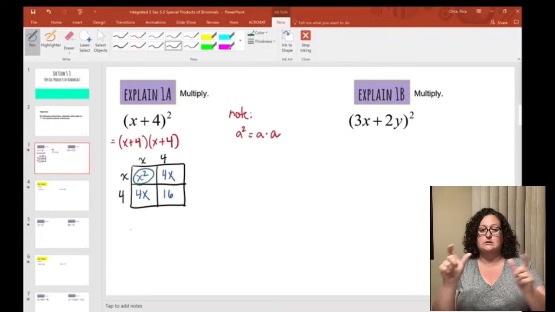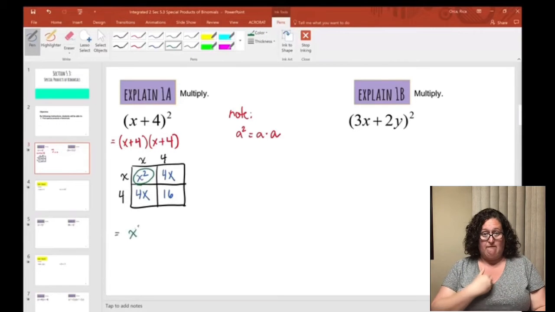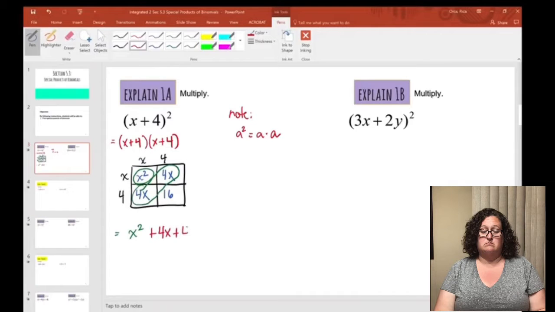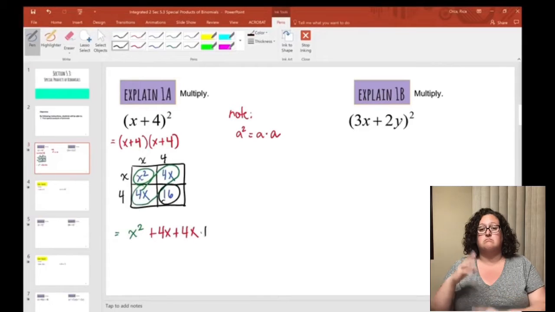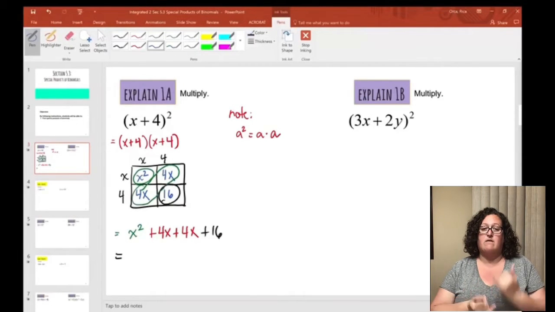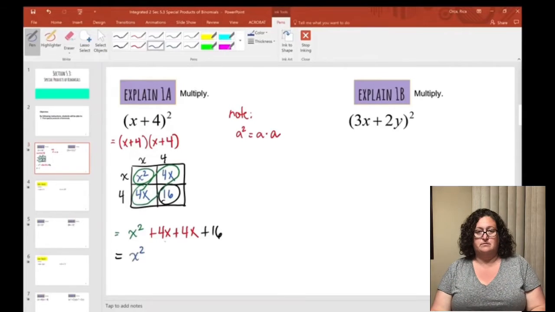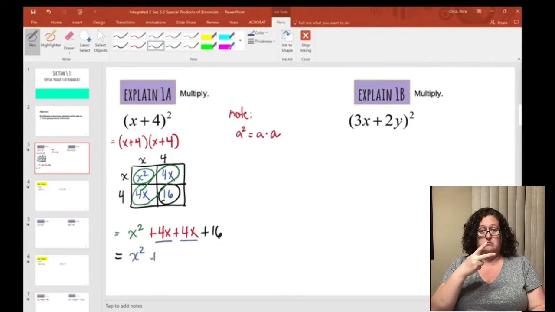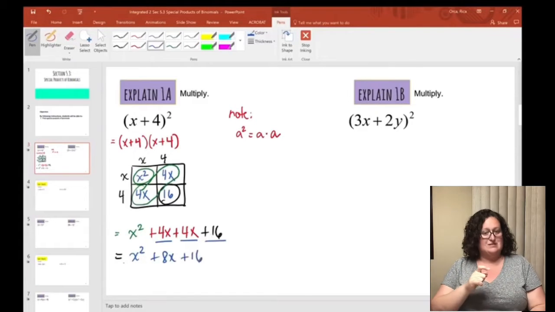We have x squared, followed by 4x plus 4x, followed by 16. So our final answer is x squared, 4x plus 4x is 8x, and then we have the plus 16.